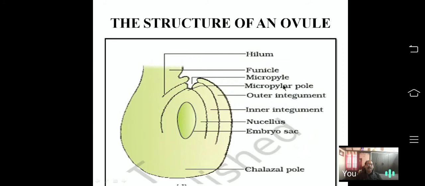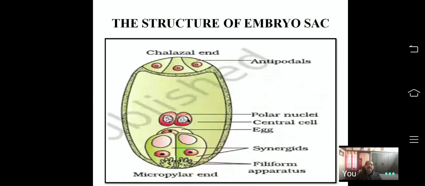Next, we learn about the details of this female gametophyte. Which one do you call the female gametophyte? Embryo sac is also called female gametophyte. See, this is the female gametophyte, the structure of the embryo sac.